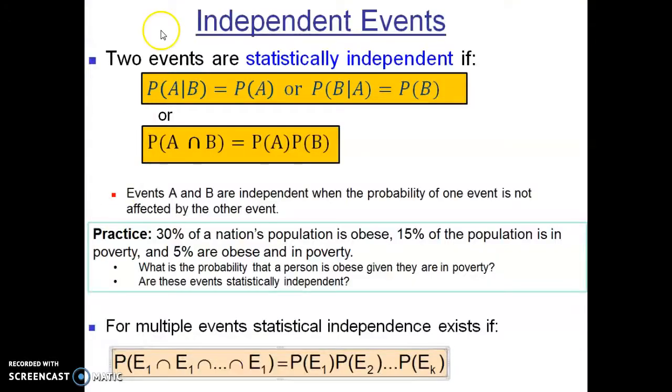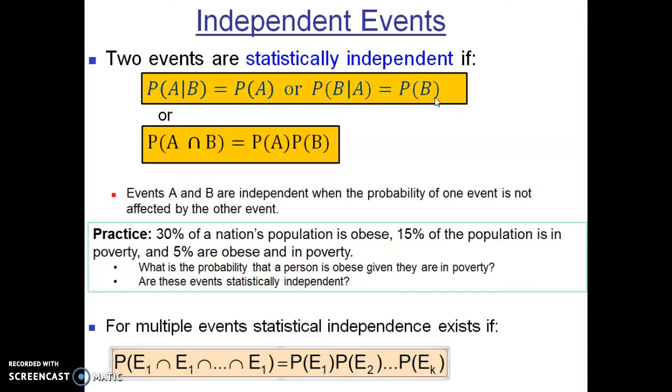Next, let's talk about independent events. Two events are statistically independent if the probability of A given B is equal to the probability of A, or the probability of B given A is equal to the probability of B. There is a common sense element to this because let's say that we know the hot weather outside has nothing to do with winning the lottery.